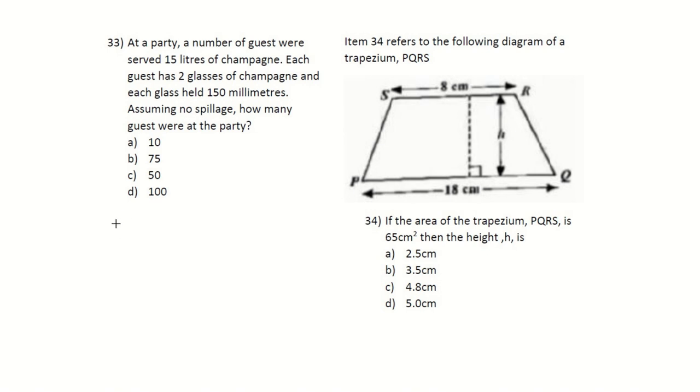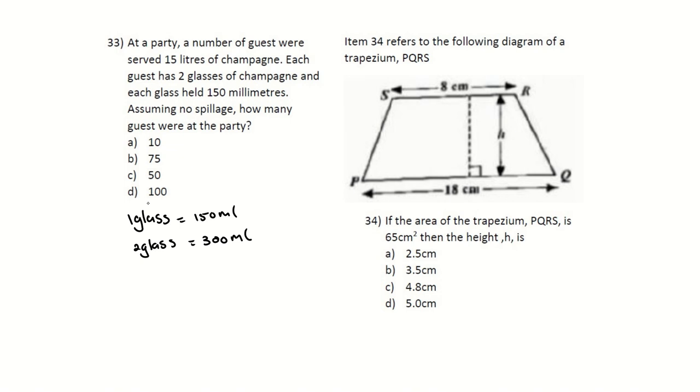So we know that one guest is 2 glasses, and one glass is equal to 150 milliliters. So 2 glasses would be 300 milliliters, because it's 2 by 150.